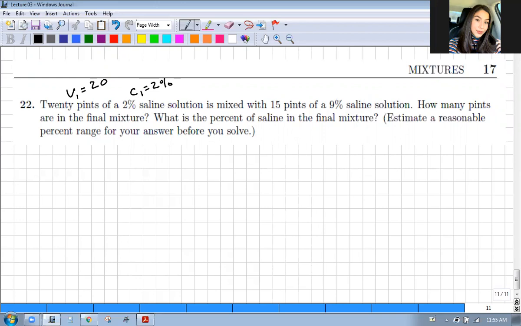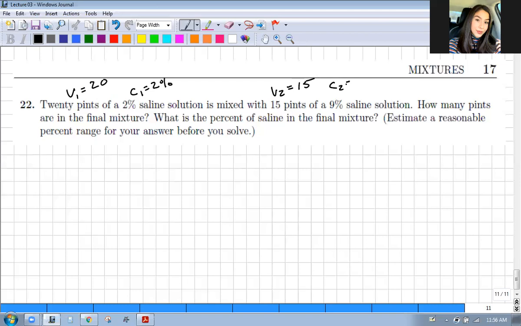That's what we're focused on as far as concentrations. So we're mixing it with 15 pints of a 9% saline solution. What's our V2? V2 is 15 pints.